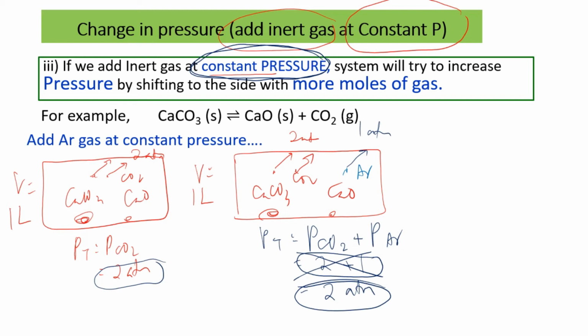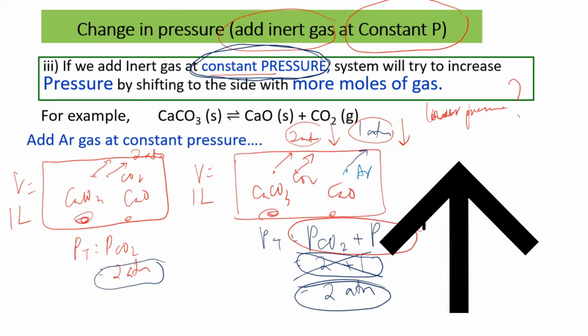Now, how can this happen? It can only happen if this pressure is no more 2 atm and 1 atm. It should be lower than 2 and 1. So what can we do to lower the pressure of gas? If you remember Boyle's law, the easiest thing to do is to increase the volume.